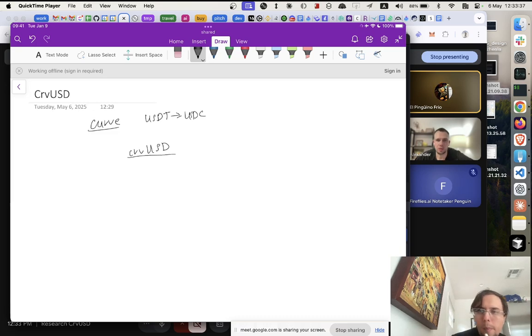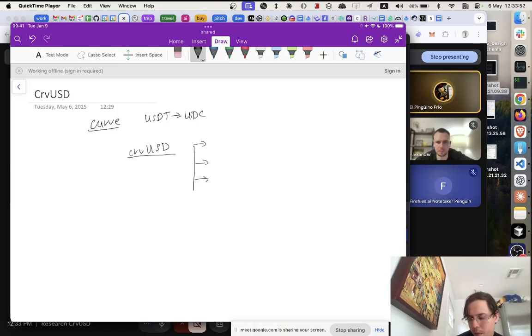All right? Okay. So this stablecoin crvUSD has an interesting design, which is a little bit different from, let's say, the typical MakerDAO CDP stablecoin, although strictly from how I understand, it's actually closer to a CDP than to anything else.